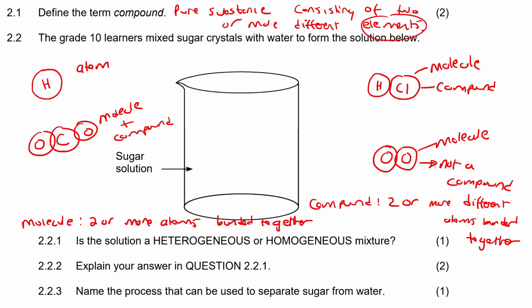You get a hydrogen, a carbon, chlorine, neon, nitrogen, all the different elements. Okay, so for example, that is an oxygen atom, but it's also the element of oxygen. That is a carbon atom, but it's also the element of carbon. And that is an oxygen atom, but it's also the element of oxygen. Okay, so it's a pure substance consisting of 2 or more different elements.